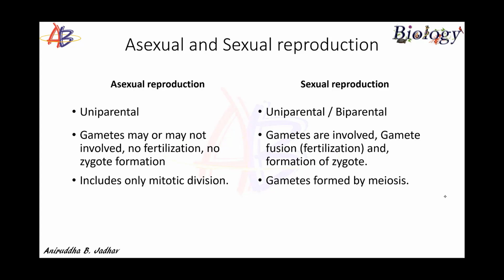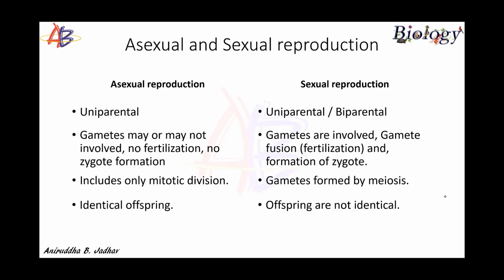But in sexually reproducing organisms, as gametes are compulsorily required, the process of cell division is meiosis, because it is meiosis which results in formation of gametic cells from somatic cells, from diploid to haploid cells. So in asexual reproduction, mitosis is followed, while in sexual reproduction, meiosis is followed.